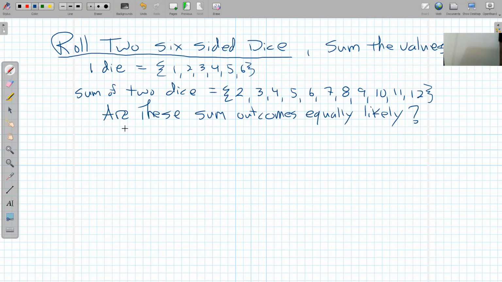So if they're equally likely, the probability of getting a sum of 2 would be the same, question mark, as the probability of getting a sum of 3, and so on. What do you think? Do we need to do more work to figure this out?